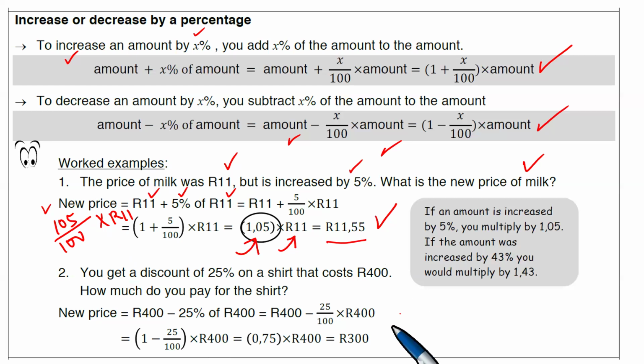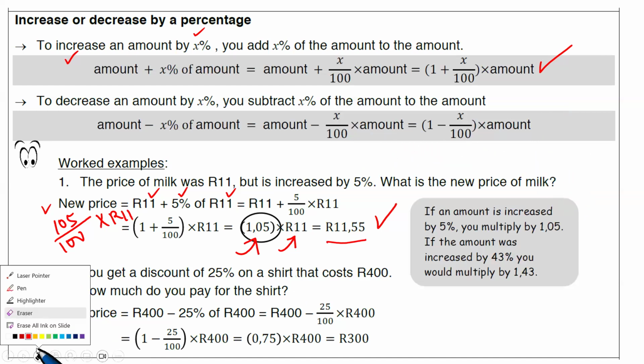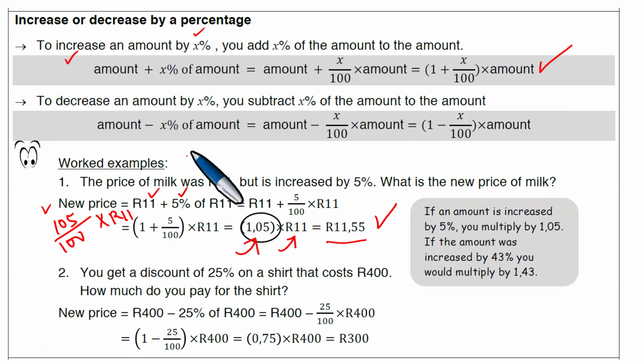For example, 105 times 11 rand. What would you do here? There are a couple of ways to do this.